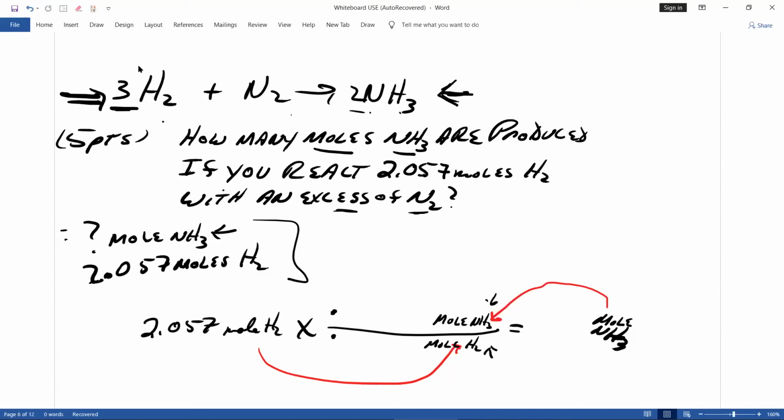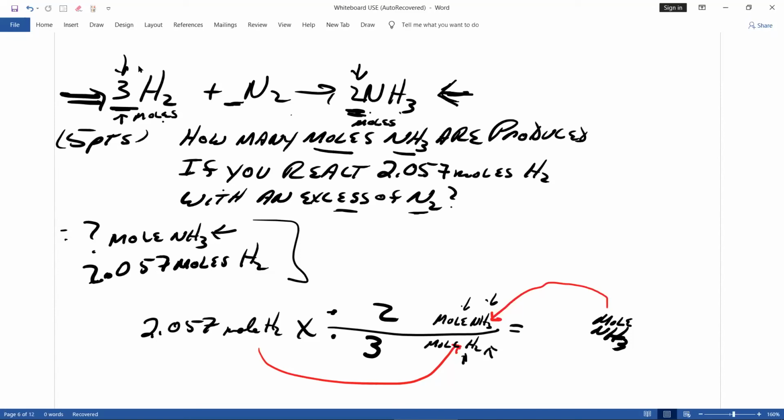The coefficients tell you molar ratios. This tells me for every 3 moles of hydrogen, how many moles of ammonia do I make? And the answer is 2. For every 3 moles of hydrogen, I make 2 moles of ammonia. And that's where you get these numbers.